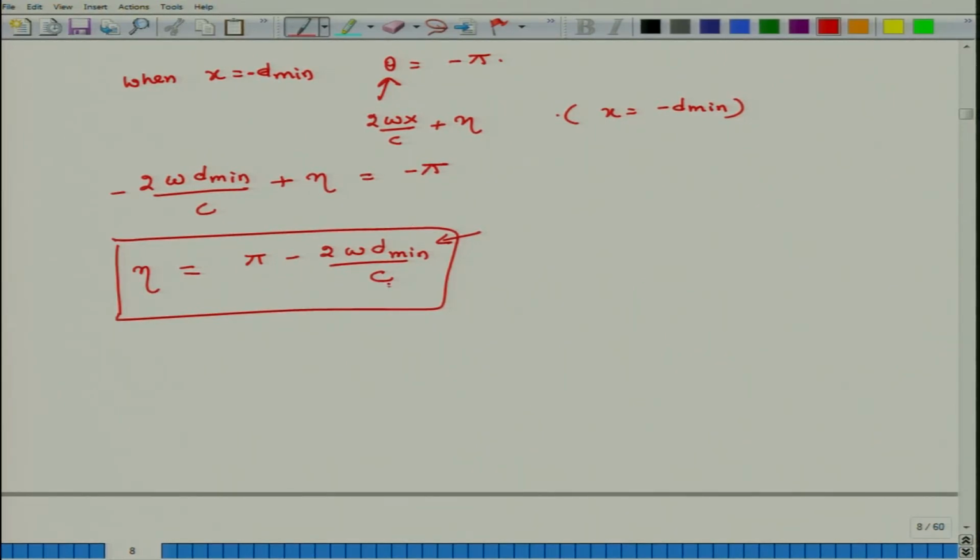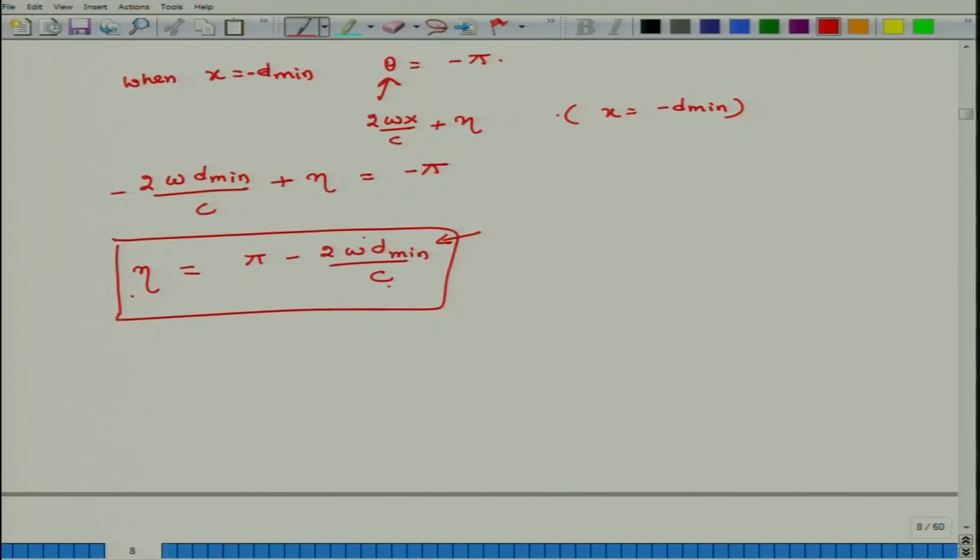I know the value of c, which is 345 meters per second, and I also know what frequency of the sound I am producing in the tube, because I am generating that sound using a loudspeaker. So, now I know omega. So, in this way I can compute eta. So, eta is from this relation and gamma is from this relation.